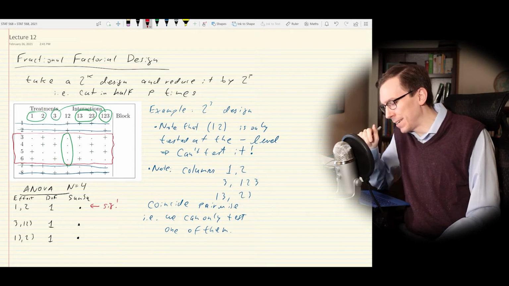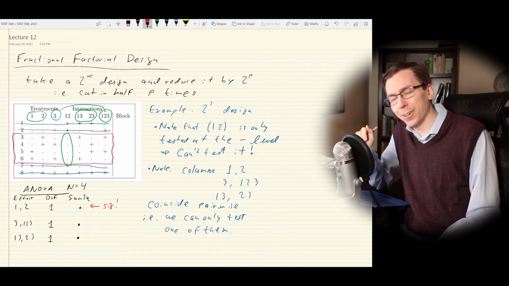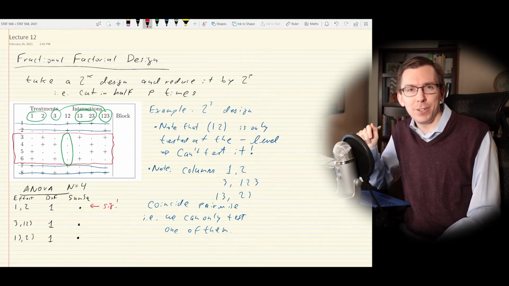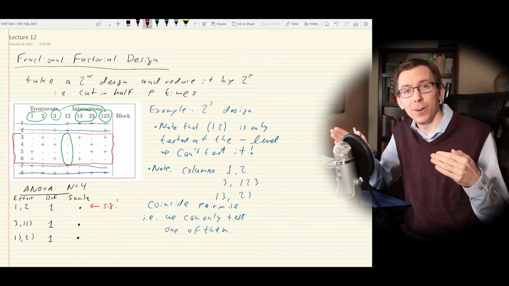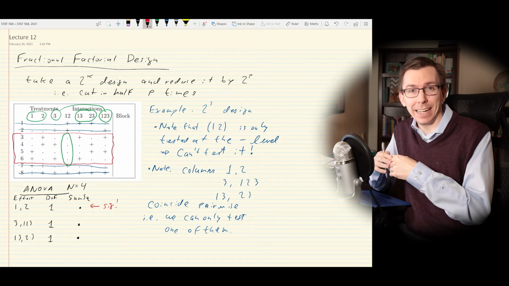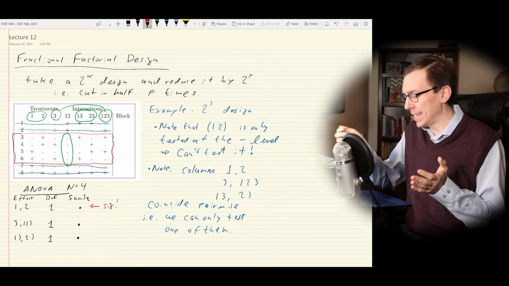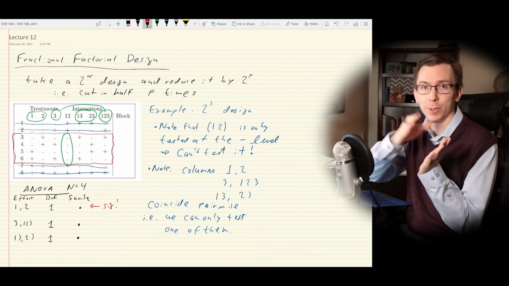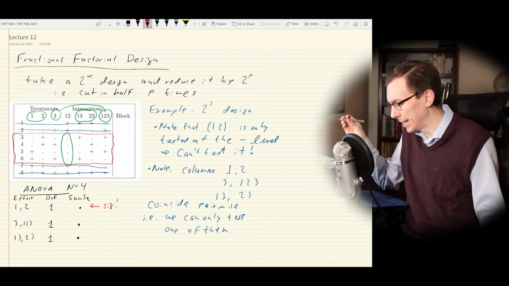I didn't actually write this down, but this is called aliasing. It's where you have 2 different effects, interaction or main effects, that are now overlapping each other. Like I said at the beginning of the lecture, we basically have taken our design and folded it over on itself.